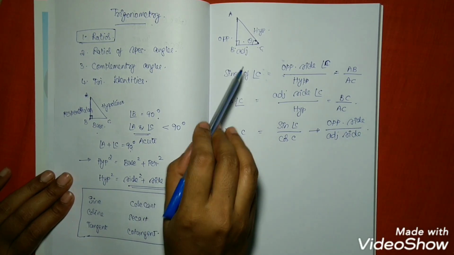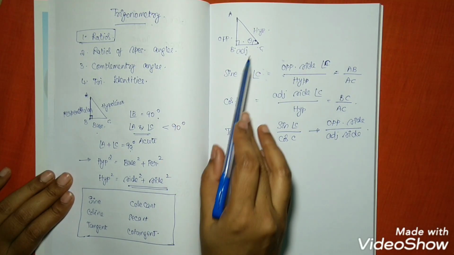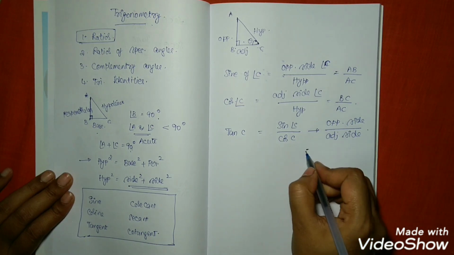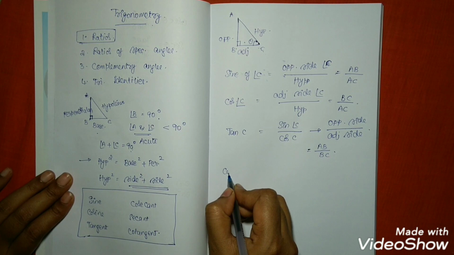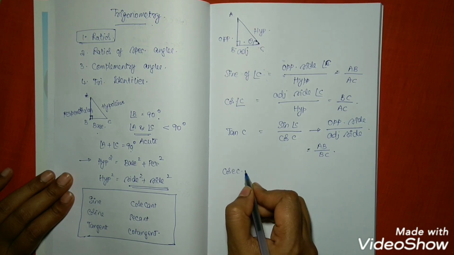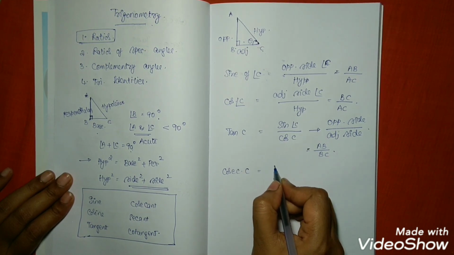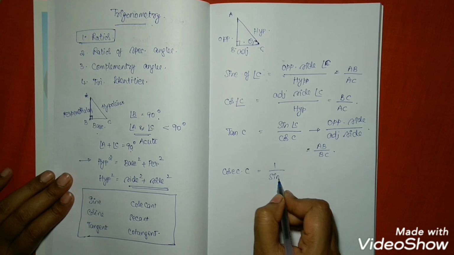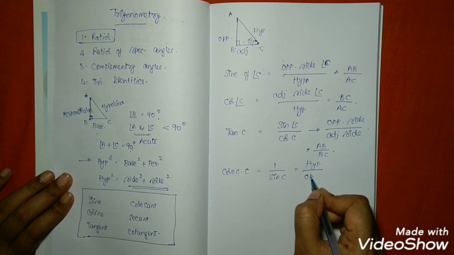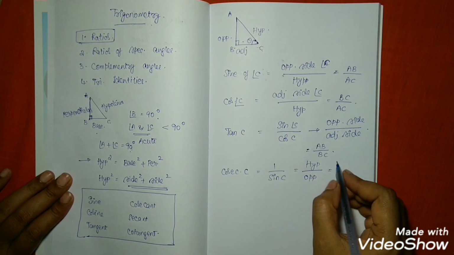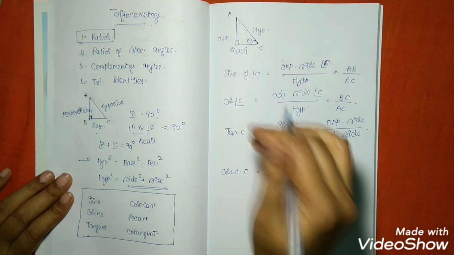So opposite side of angle C is AB and adjacent side is BC. That I am writing here as AB by BC. Then cosecant C is given by 1 by sin C, which is nothing but hypotenuse divided by opposite side. So hypotenuse is AC and opposite side is AB.